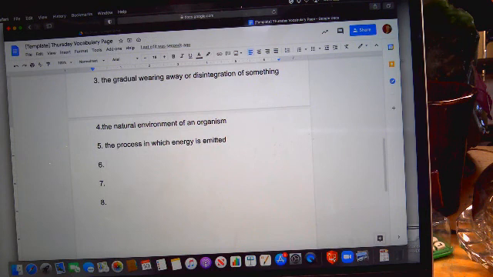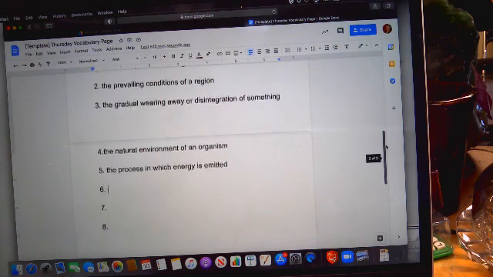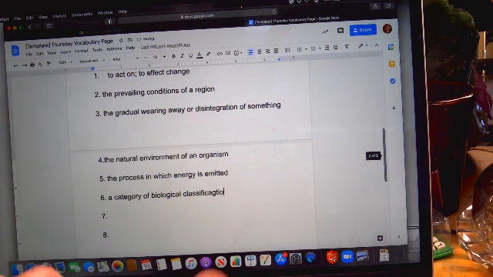Okay, and then we have traces. RST. Oops, sorry, number 6 is probably not traces. Number 6 is species. Species, then traces. So species is a category of biological classification.